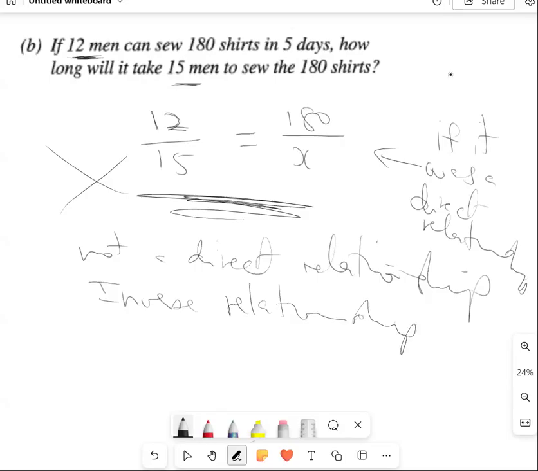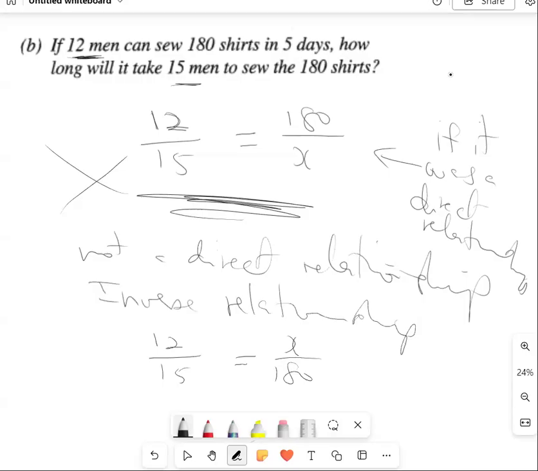Therefore, the ratio can't be related like this: 12 over 15 equal to x over 180. It has to be inverted.